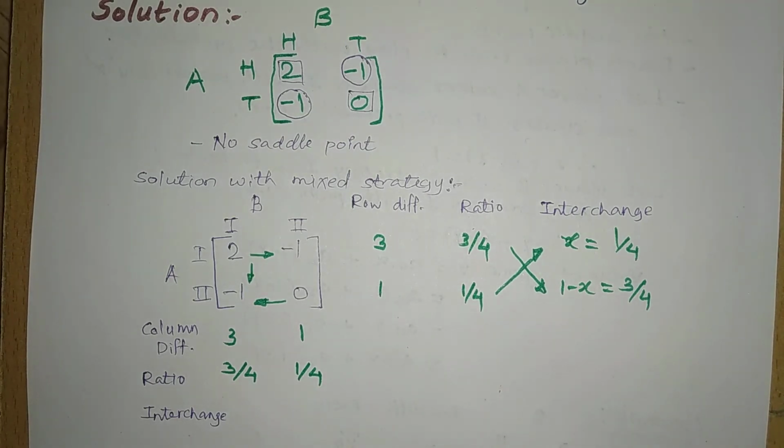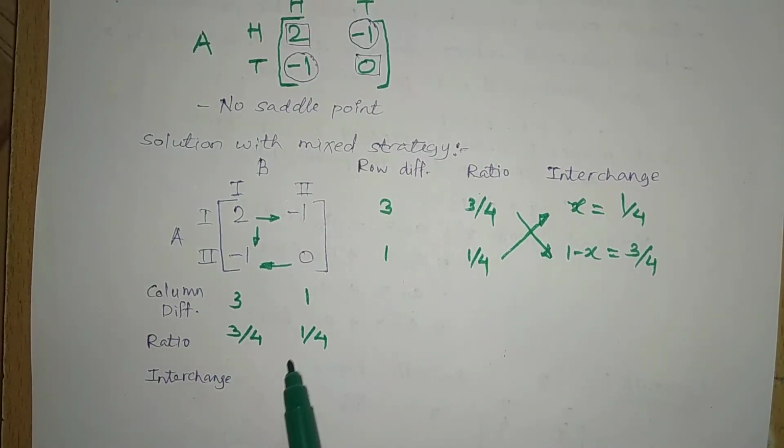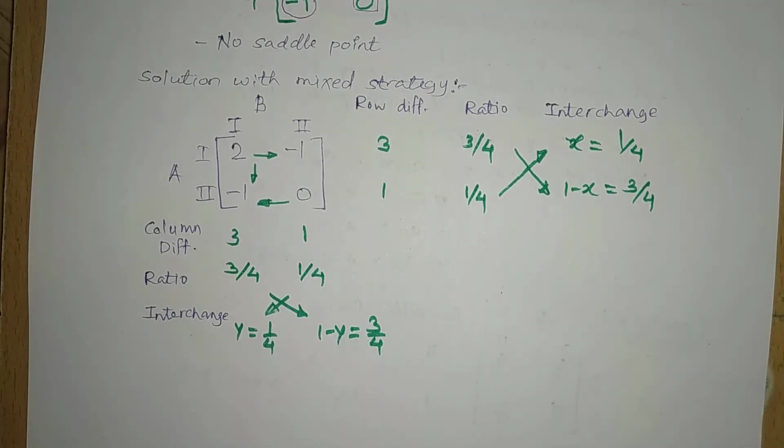Similarly, interchanging the ratios for player B, we get y equal to 1 by 4 and 1 minus y equal to 3 by 4. These are the probabilities for each player. Now let us find the value of game.